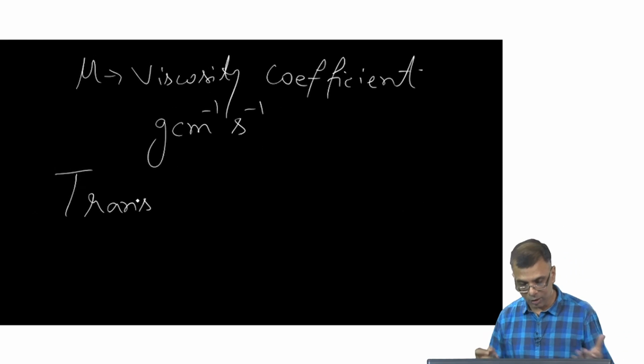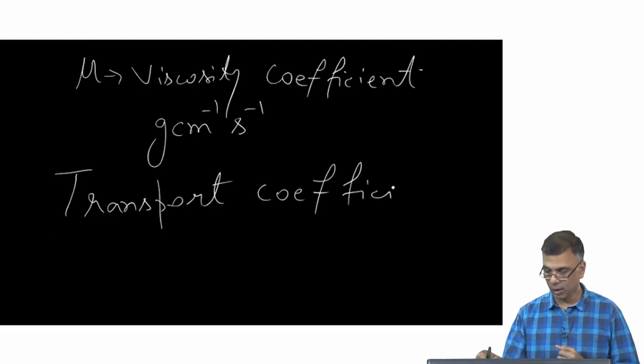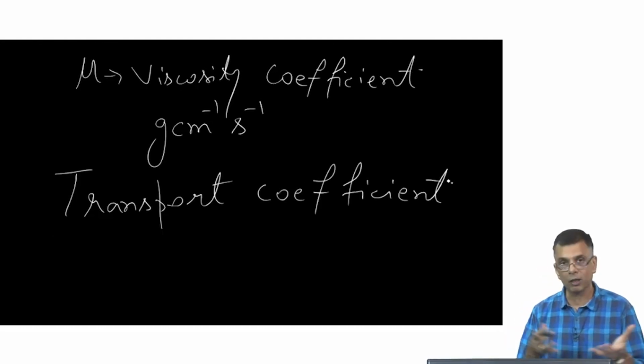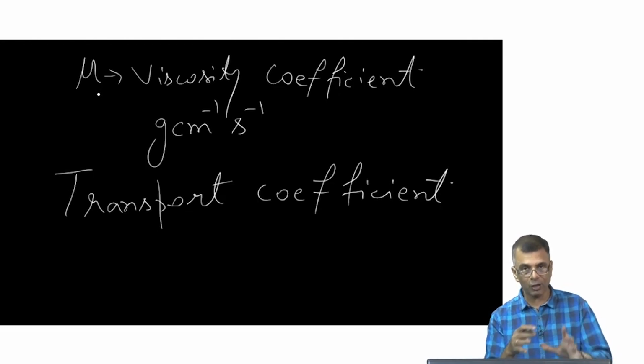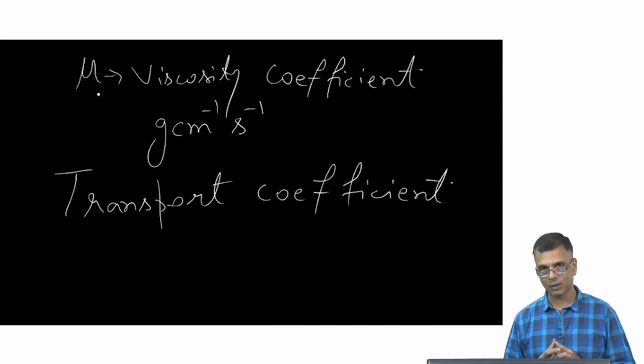What does it describe? It describes the transport of momentum. And this is simply taken to be a property of the fluid. This is a particular number for a particular fluid, just like thermal conductivity or something else.